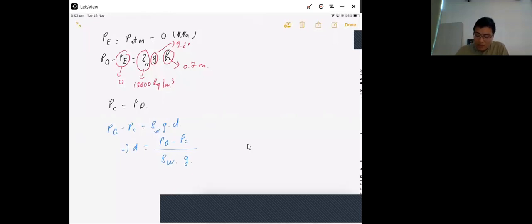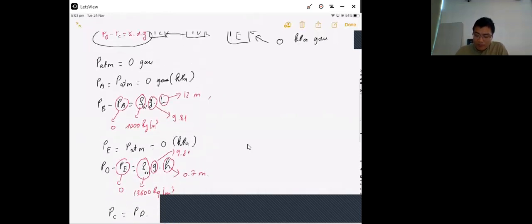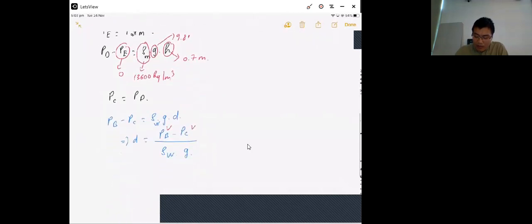PB you got here, PC here, rho of water is 1000, and g is 9.81. So from here you can find D, the distance.